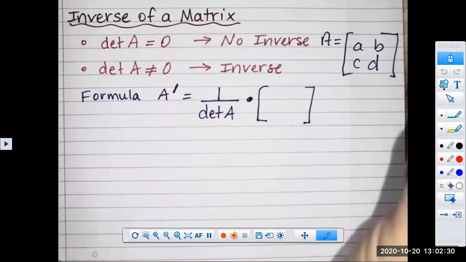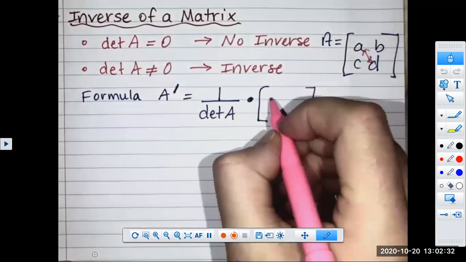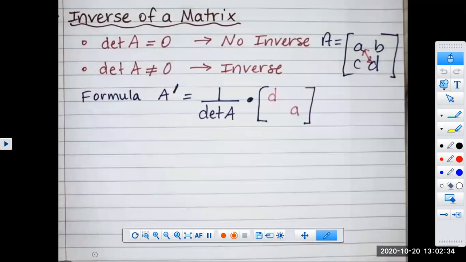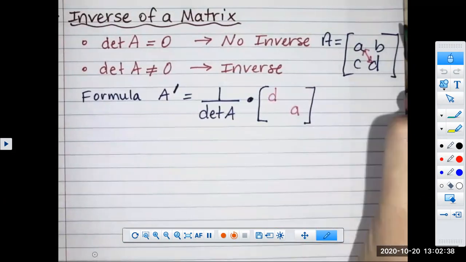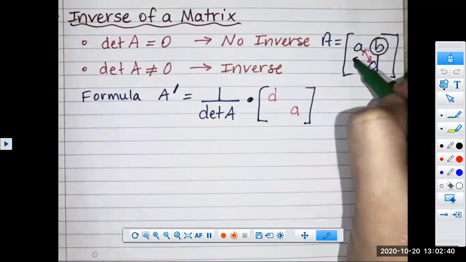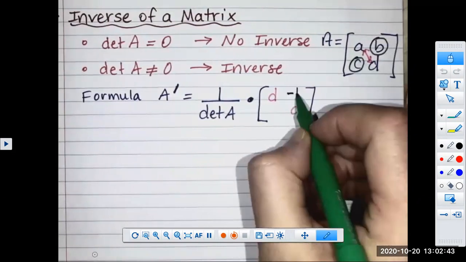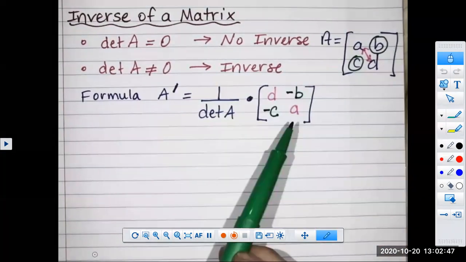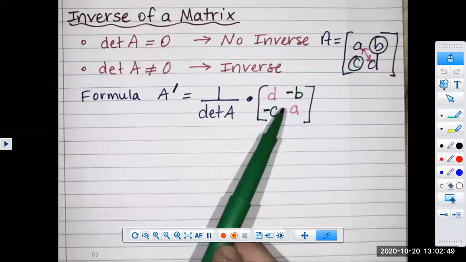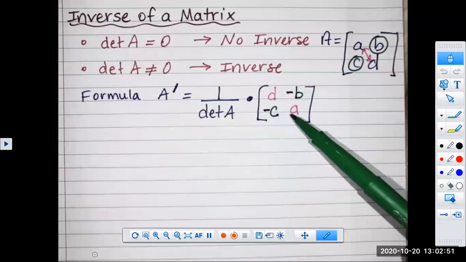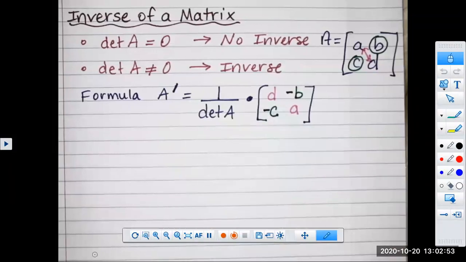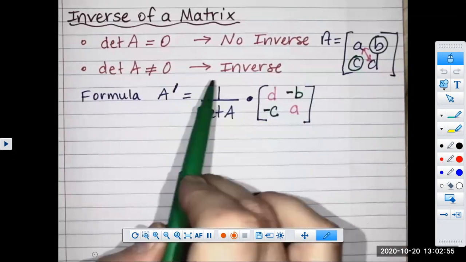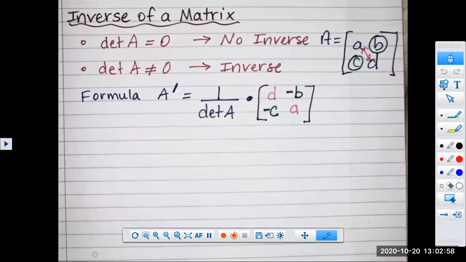So A and D switch places. B and C's signs change. So switch top left and bottom right, and then just simply change the sign of those values. And then you multiply that fraction to everything inside, and you'll have your inverse matrix.